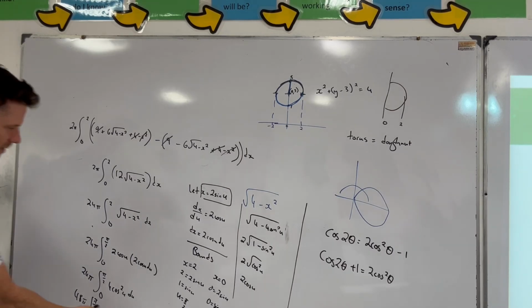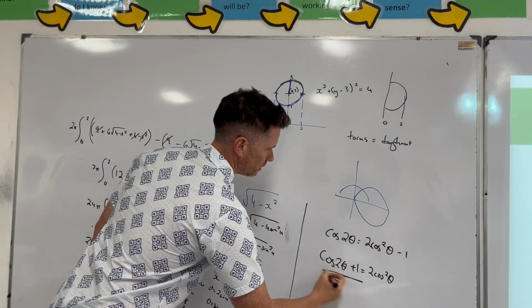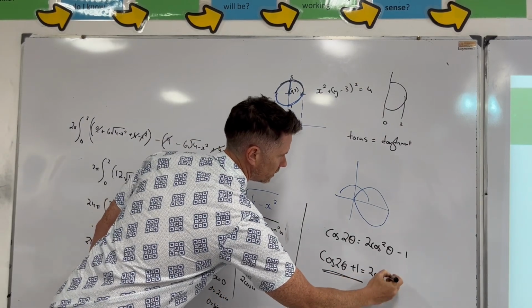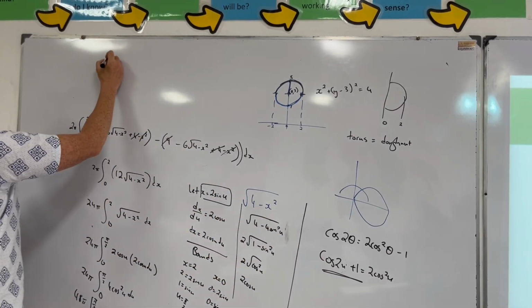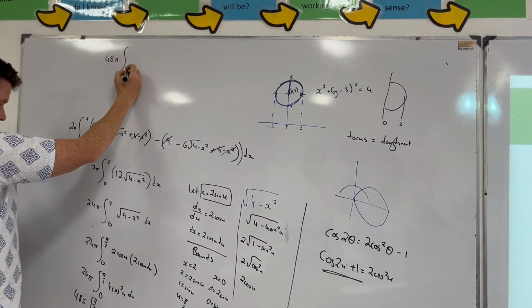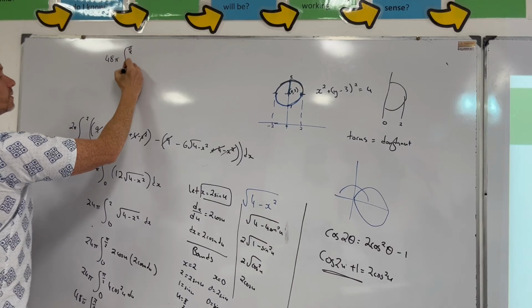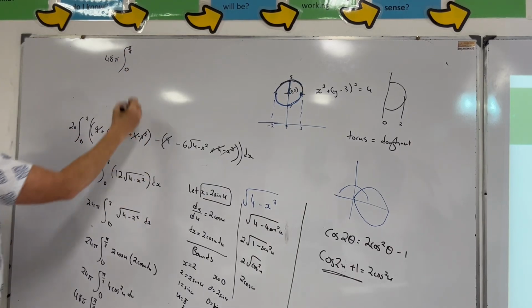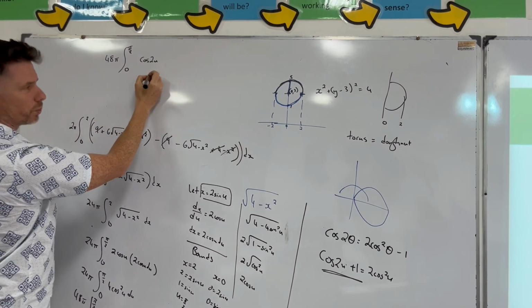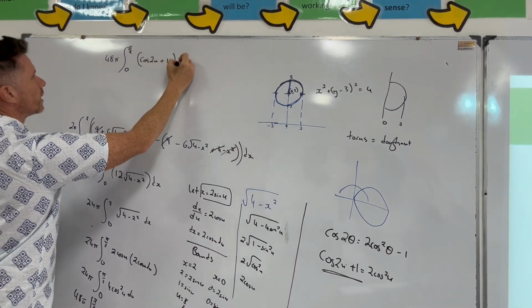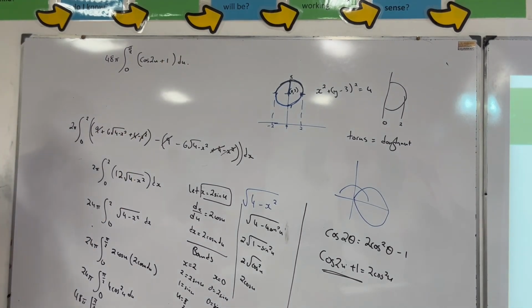All right, this has to be replaced with this. Well, obviously this is not theta, this is u. Okay, we're nearly there. So we have 48 pi, pi over 2, 0, 2 cosine 2u plus 1 with respect to u. Okay. Wow.